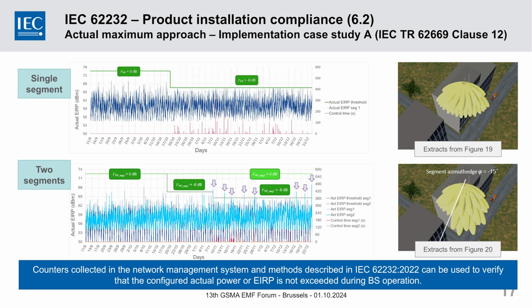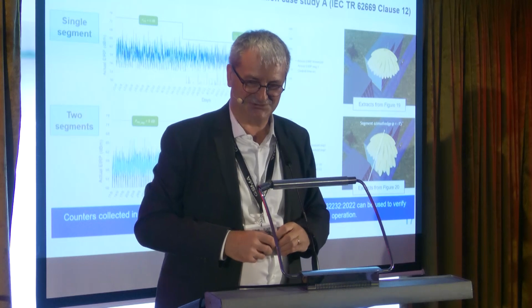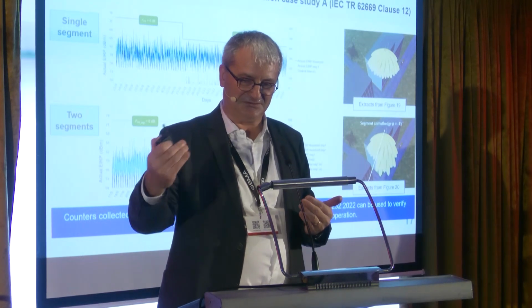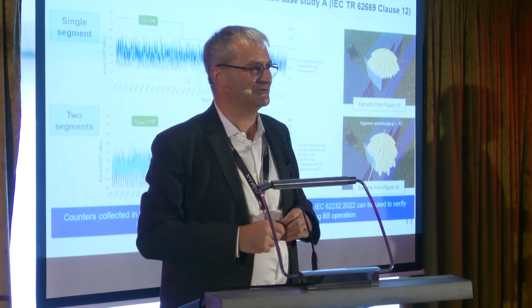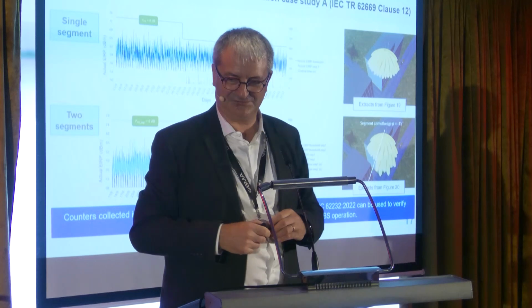And you see that during the recording time, we never reached the maximum, almost. So the maximum may have been reached if we had an infinite time of recording, which obviously never happens. And then we decided with this operator to put a threshold 6 dB below, like in the modeling case studies.